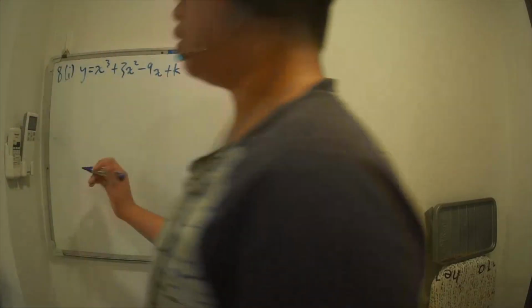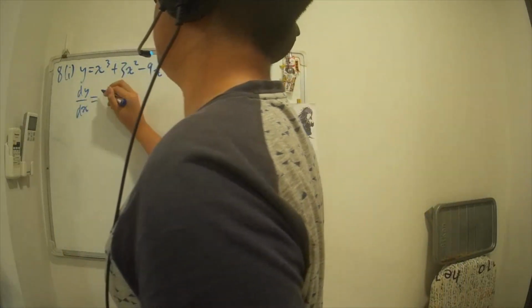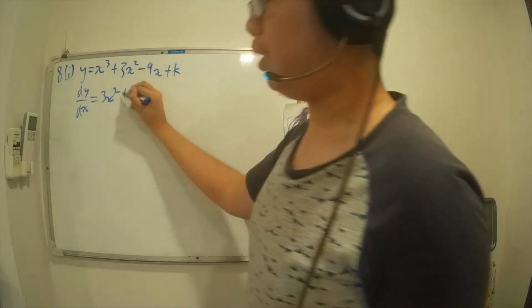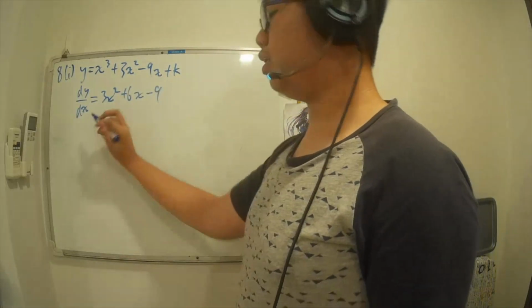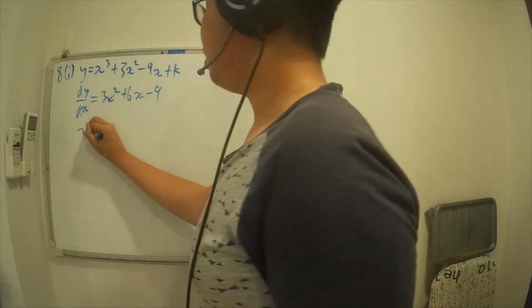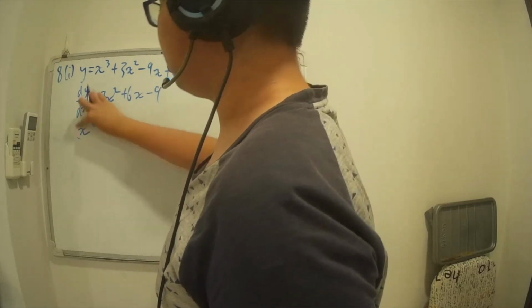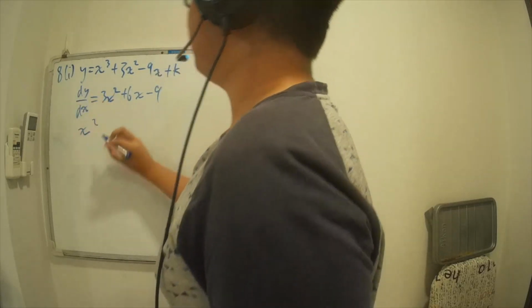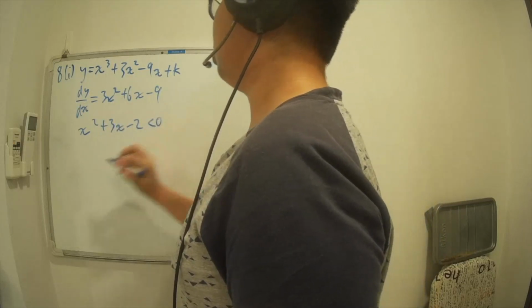Okay, so we must find dy/dx. dy/dx will be equal to 3x squared plus 6x minus 9. For it to be a decreasing function, it must be less than 0. Actually, I don't need to do that. x squared plus 3x minus 3 is less than 0.